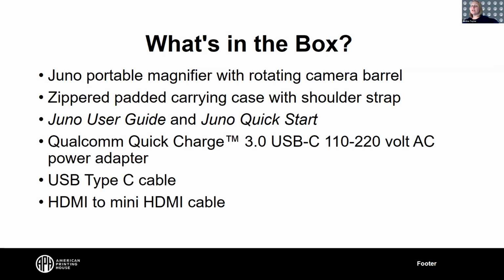There's also a Juno quick start and user guide that will come in the box, and the USB Type-C cable, and the charging pack, and an HDMI to mini HDMI cable. So there's also an HDMI port, and you can use the Juno on a larger monitor.